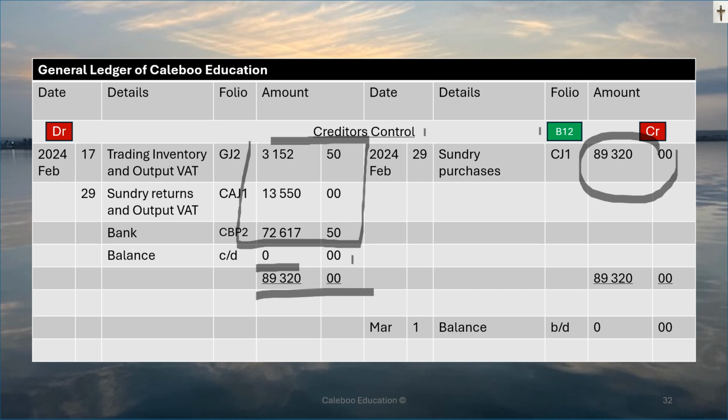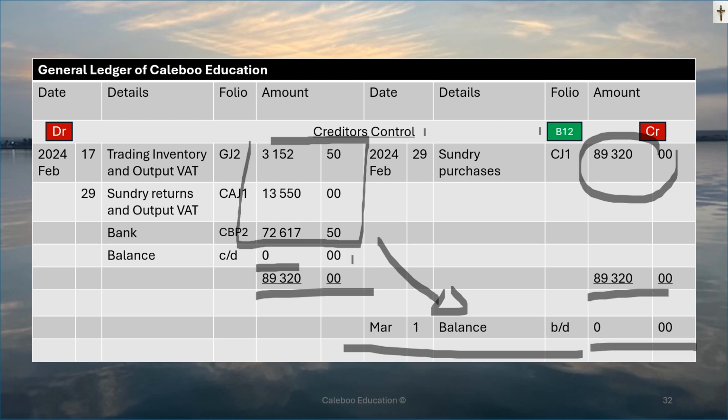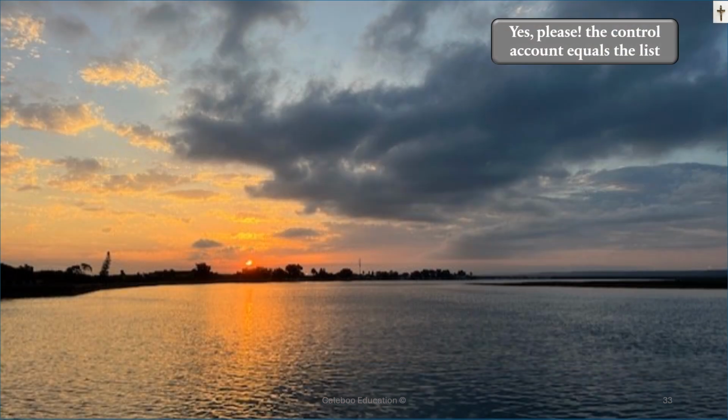We total up both sides, and on the 1st of March, according to our books, what do we owe our creditors? Nothing. 0. And we can celebrate. The control account equals the list.